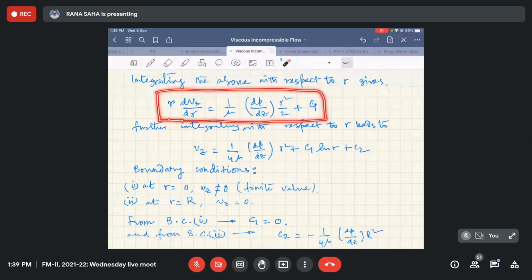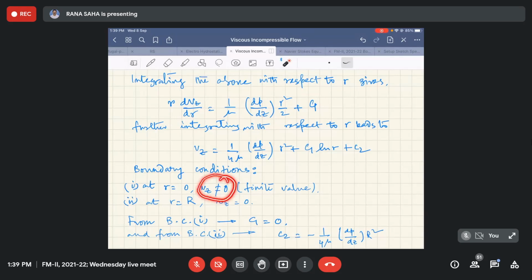If you put r equals 0, you can see that apart from C1, all other terms get equal to 0, whatever be the value of Vz or dp/dz. So without knowing your Vz value at r equals 0, we can evaluate C1, because of the very nature of this equation.